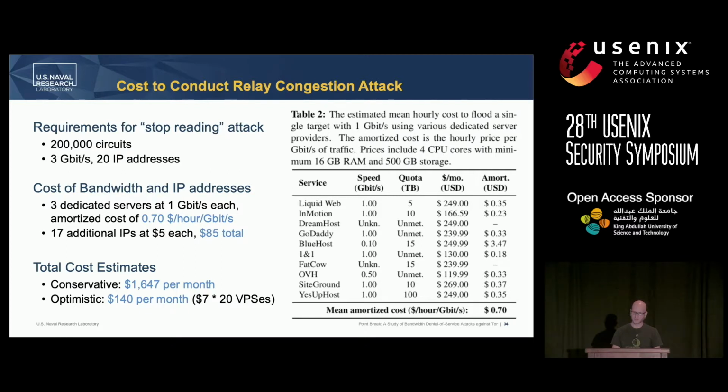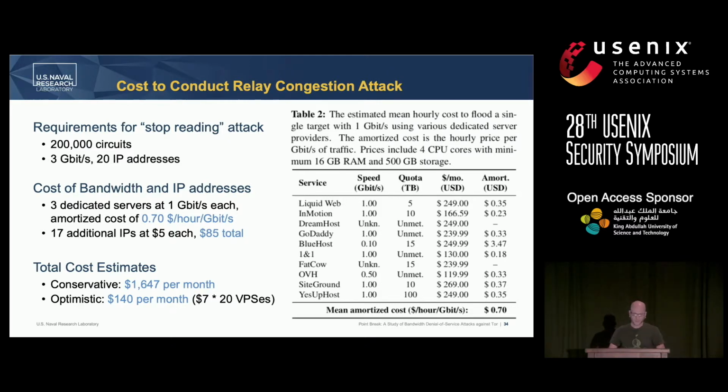And so we use this amortized cost in addition to assuming that IP addresses cost $5 each to estimate conservatively a cost of $1,647 to conduct this relay congestion attack on the live network.